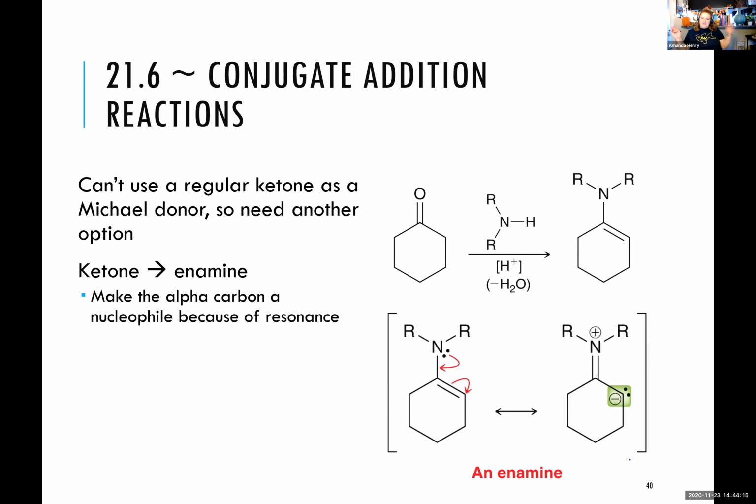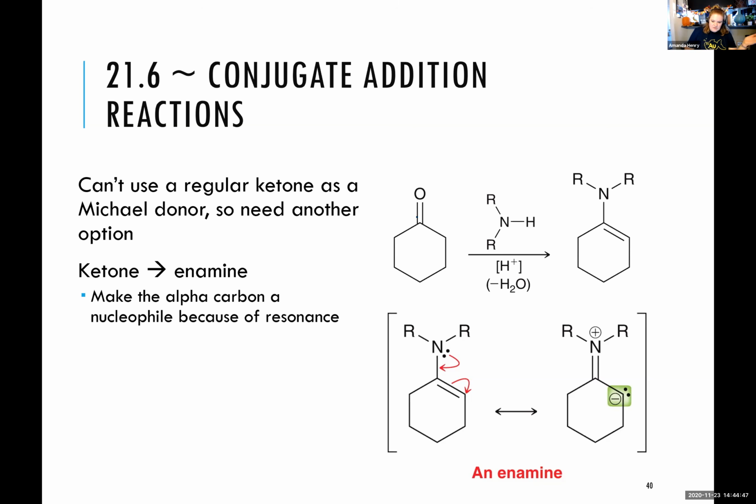Our next one is super similar, but it doesn't seem like it at first glance. We want to do essentially the same reaction, but instead of using a diketone to start with, we're just going to use a regular ketone. But a regular ketone isn't going to have a very stable enolate. So to make it more stable, we're going to turn it into an enamine to start with, and then eventually we will also get rid of that enamine.